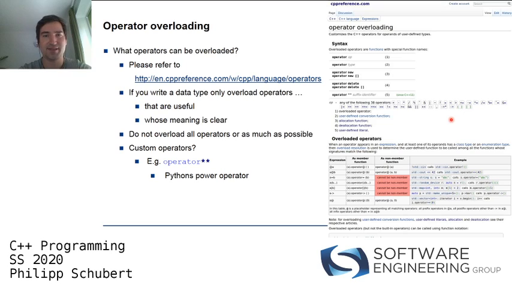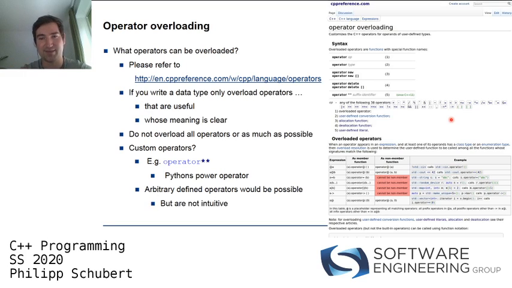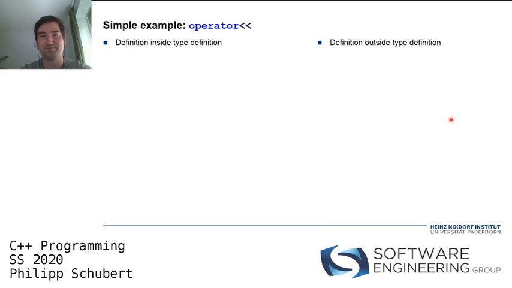But again, this operator is really hard to understand. Once you know it, it's probably clear. But C++ does not have that operator, for the reason stated above. Although, of course, arbitrarily defined operators would be possible. It's easy to integrate, but again, not intuitive. I guess by now you got the point.